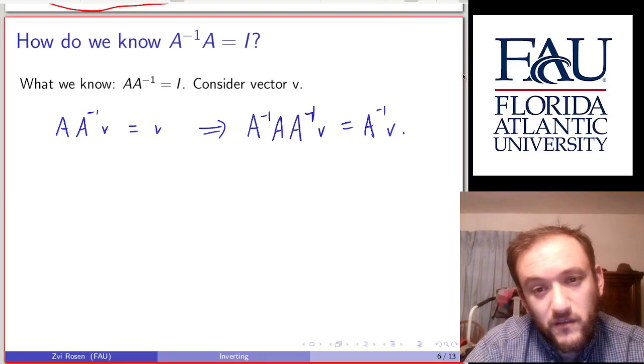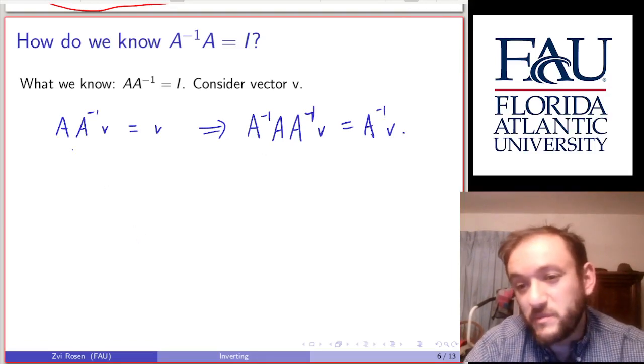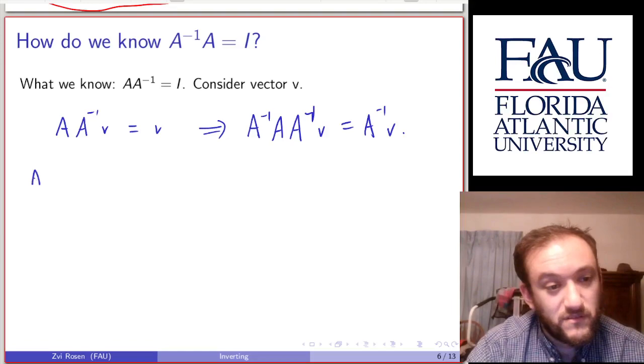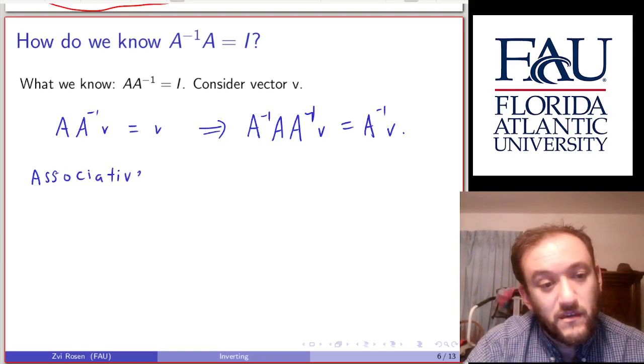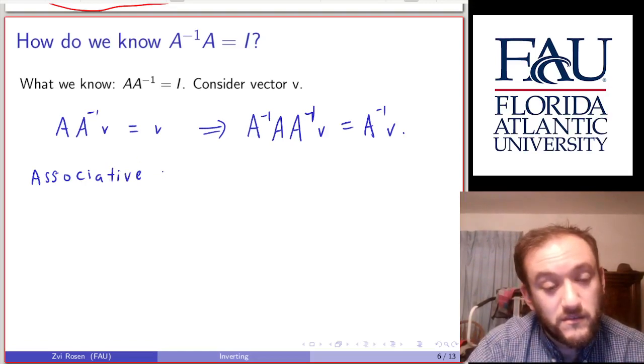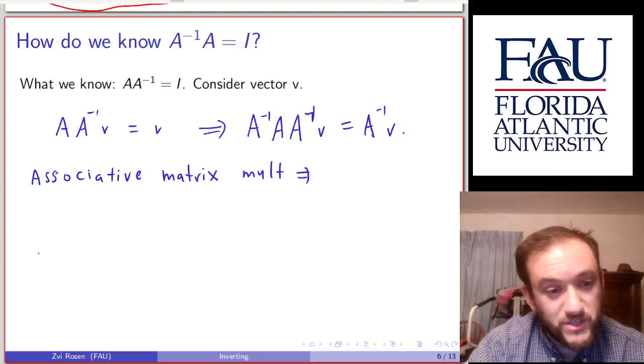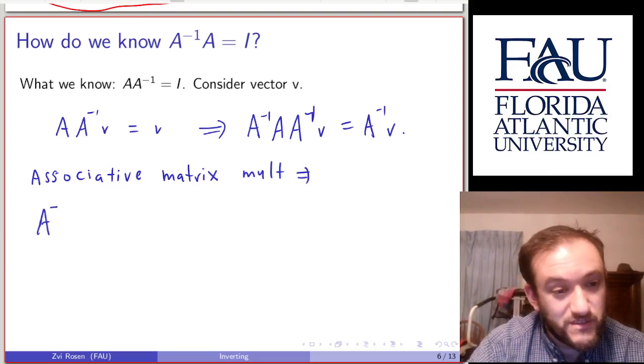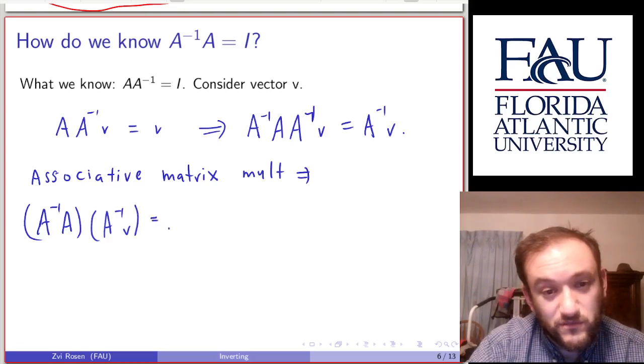But we know that matrix multiplication is associative, so I can group these matrix multiplications in whatever way I want. This equation can be written as A inverse A applied to A inverse v is equal to A inverse v.